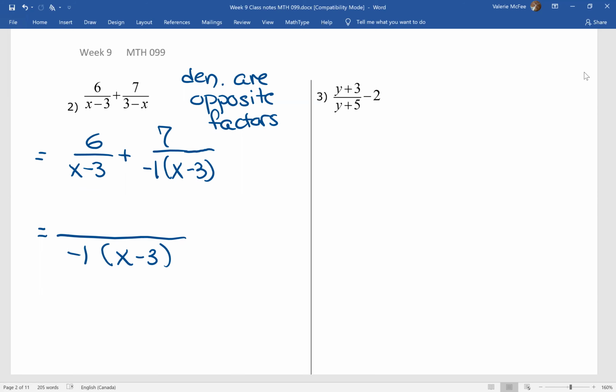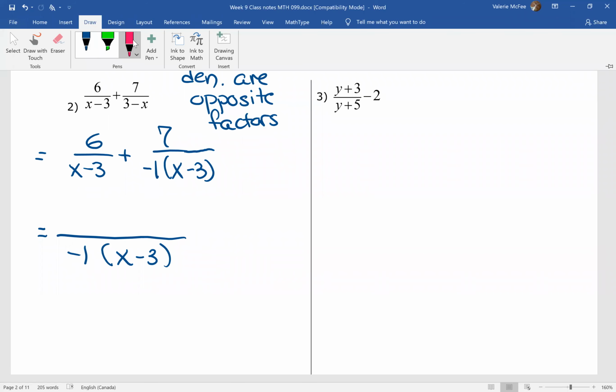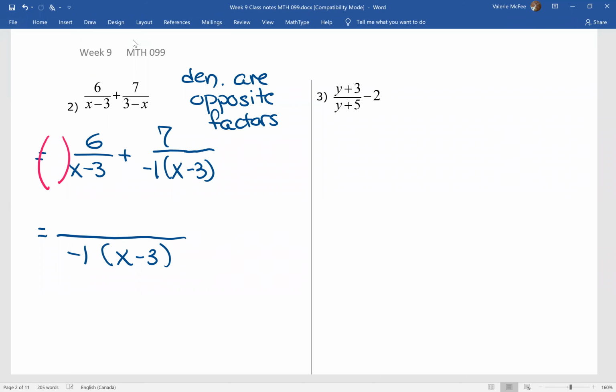So what's missing? Well, that first expression is missing negative 1. I have to multiply the numerator and the denominator by negative 1. I'm not missing anything in the second expression. It already has this denominator.